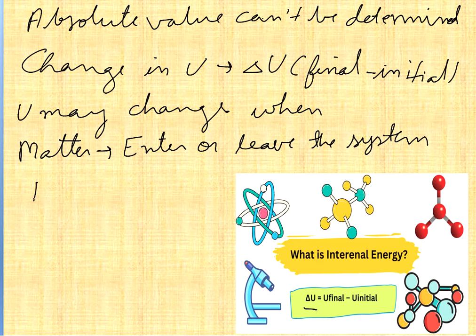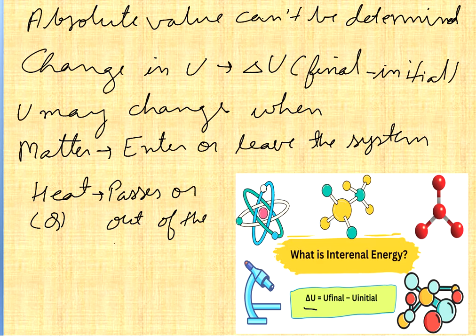Second one is heat, which is represented by Q. Either heat passes into or gets out of the system. These are the basic terms. If it passes into the system, we take a positive sign, and if it leaves the system we take minus Q.